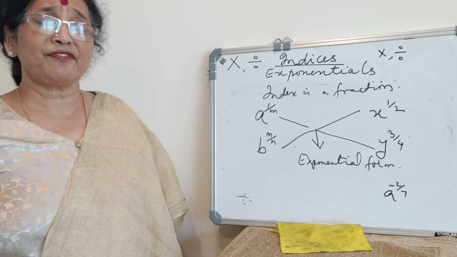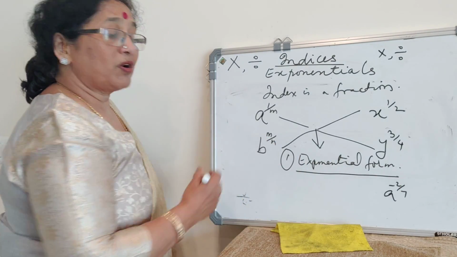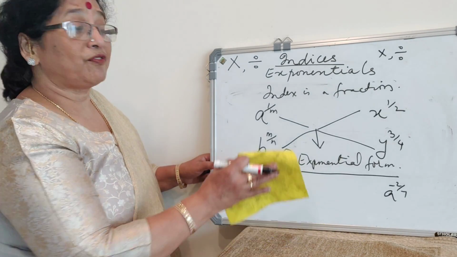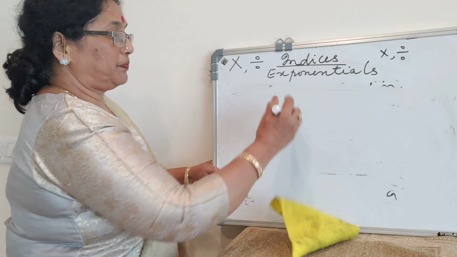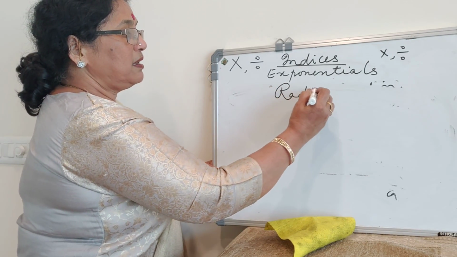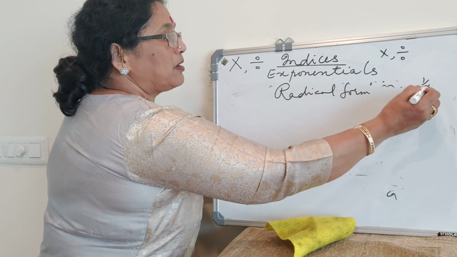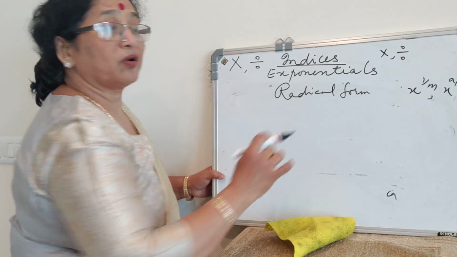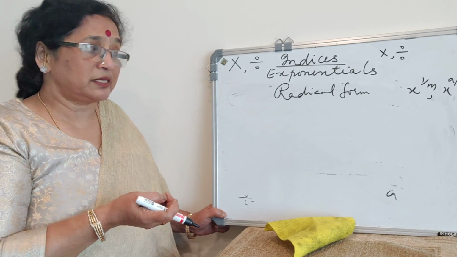One is exponential form. So what is the second form of writing? That's called radical form. So radical form is for writing x to the power of 1 by m or x to the power of a by b and so on, where a and b are integers.